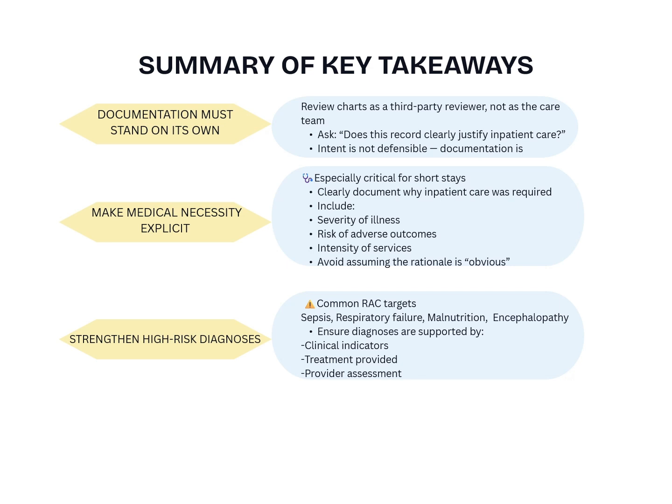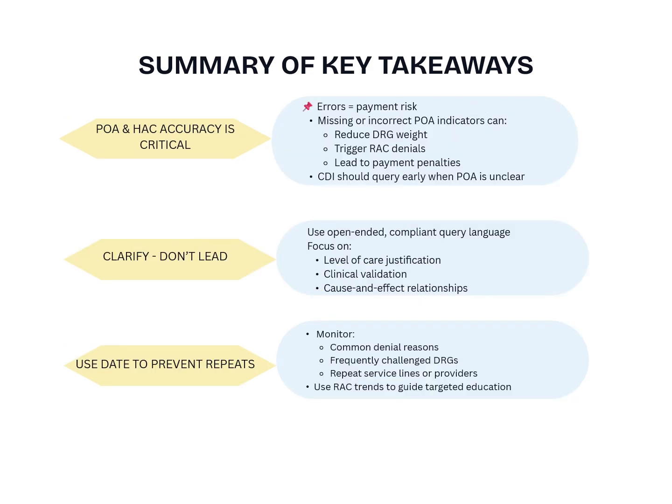Ensure diagnoses are supported by clinical indicators, treatment provided, provider assessment. 4. POA and HAC accuracy is critical. Errors equal payment risk. Missing or incorrect POA indicators can reduce DRG weight, trigger RAC denials, lead to payment penalties.